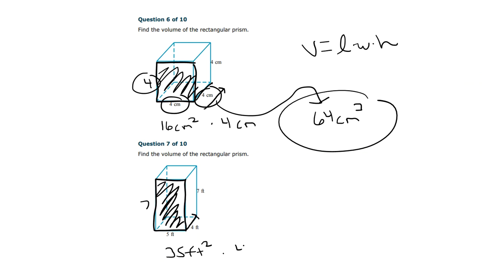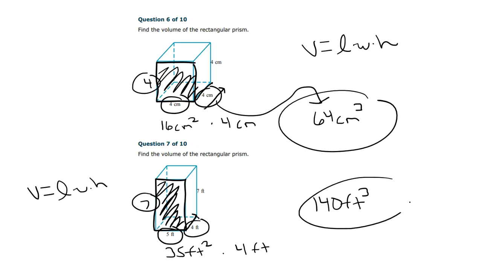So we're going to multiply that by another 4 feet. 35 times 4 is 140 feet cubed. Okay? And again, if you want to use the formula for volume, volume is length times width times height. So 7 times 5 times 4, that gives us our 140 feet cubed.